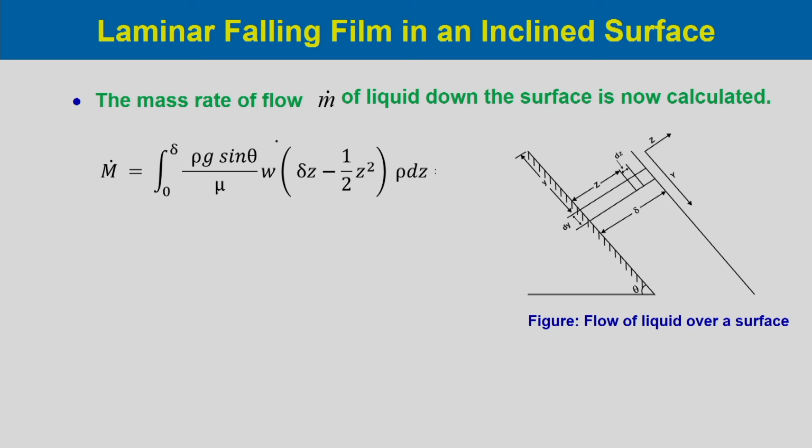Integrating, it will be rho squared g sin theta W over mu times (delta cubed by 2 minus delta cubed by 6), so this would be rho squared g sin theta W delta cubed by 3 mu.